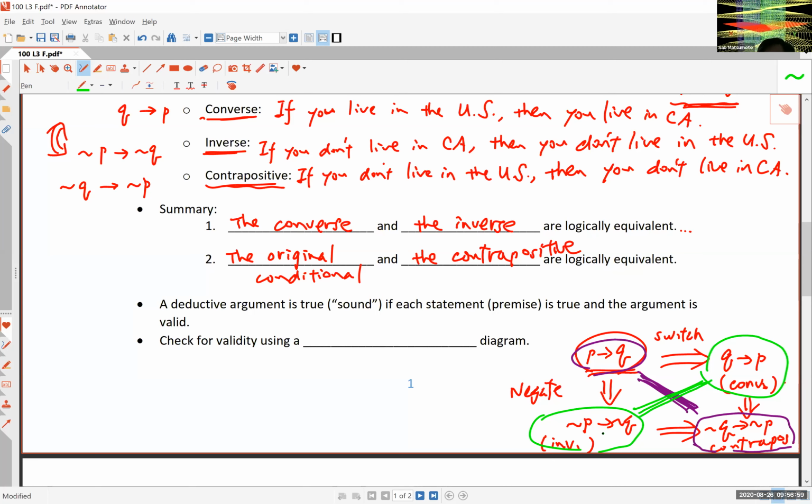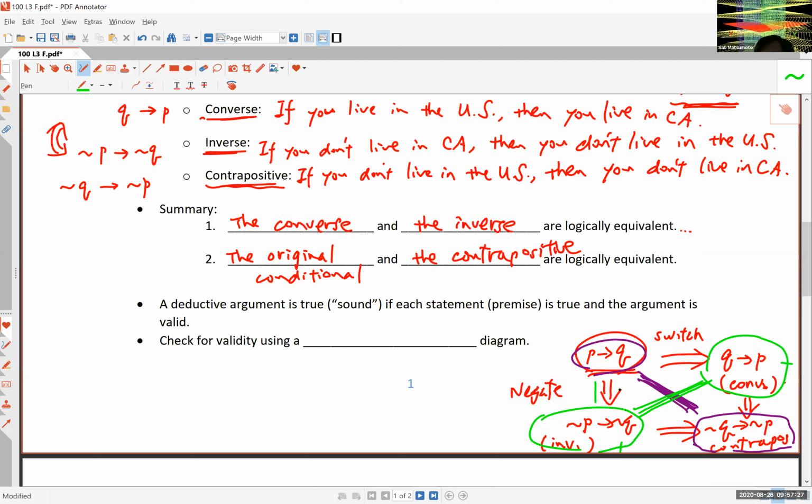All right, so by going to the side or to the bottom, switching or negating, you don't get something logically equivalent. But by moving twice, by switching and negating, or by negating and switching, you get something logically equivalent. Obviously, if you negate and negate, you get back to P implies Q. If you switch twice, you get back to P implies Q.